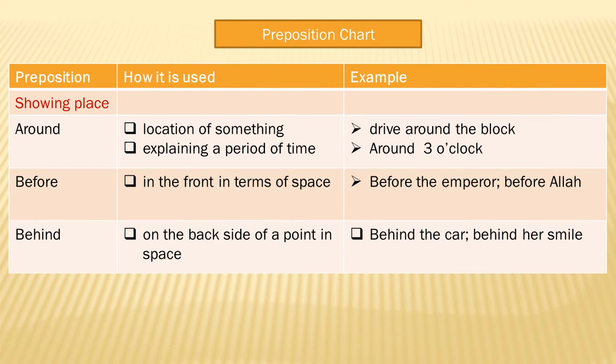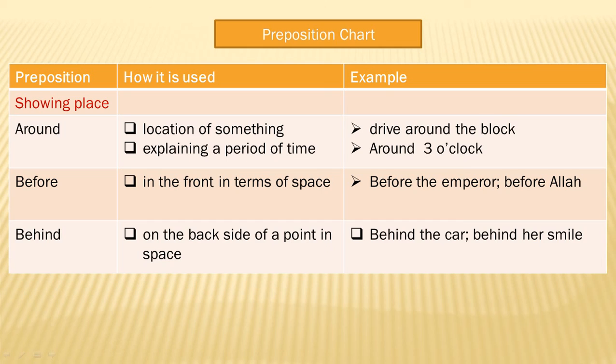Around means location of something, or explaining a period of time. Drive around the block, or explaining a period of time: around 3 o'clock. You will return around 3 o'clock. Before, in front, in terms of space. You should remember that I am discussing today the preposition of place and movement.